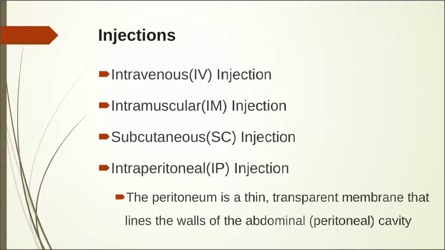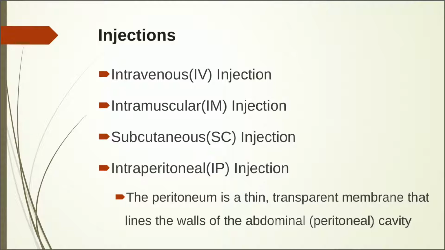The next route of drug administration includes various injections, and these injections can be applied to various parts of the body. Mainly four types of injections are very common: intravenous injection, also known as IV injection, intramuscular injection, subcutaneous injection, which is given in the skin, and the intraperitoneal injection.